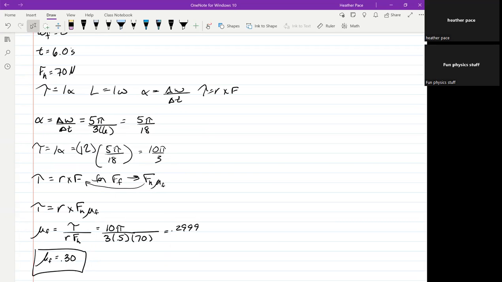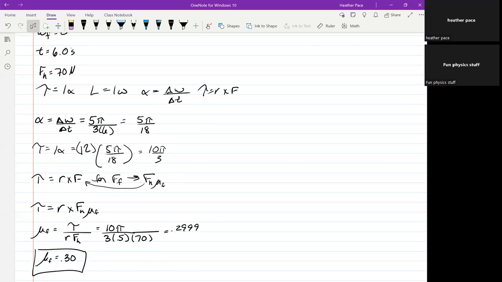Now let's solve the equation tau equals R cross F. We're given tau. We're given R. The force in this equation is going to be the friction force. And the friction force we know is going to be the force of the woman's hand times the coefficient of friction.